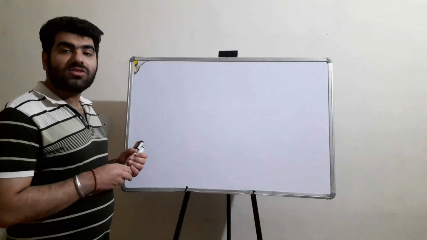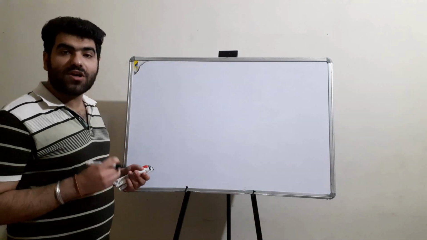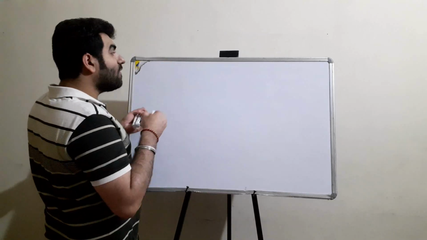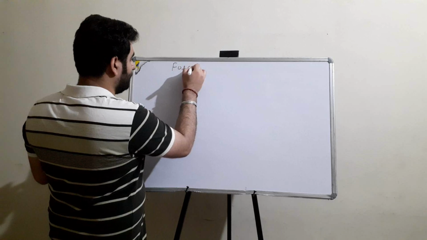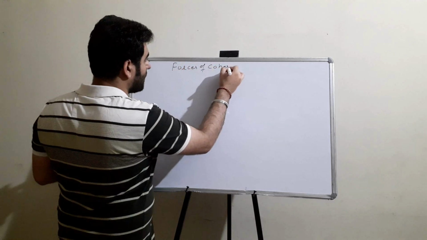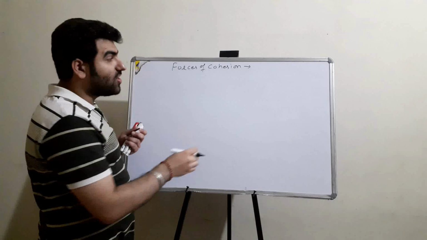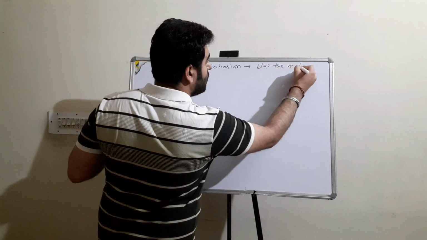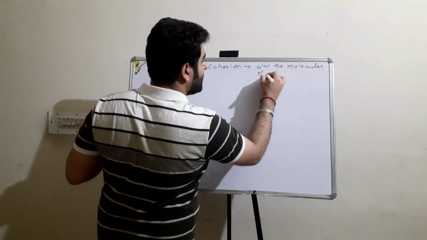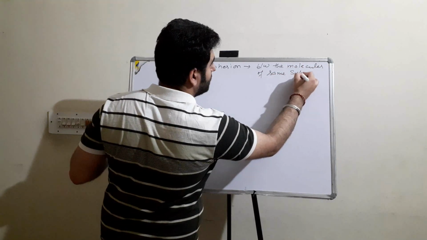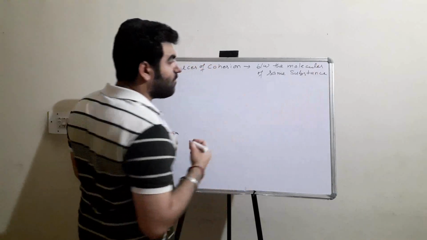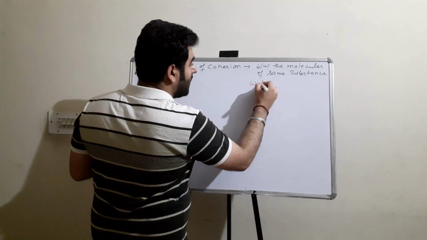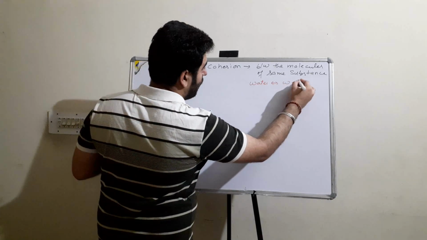Alright students, let us now start with the forces of adhesion and forces of cohesion. The forces of cohesion, or cohesive forces, are between the molecules of the same substance, like in our case, the forces of attraction between water and water.